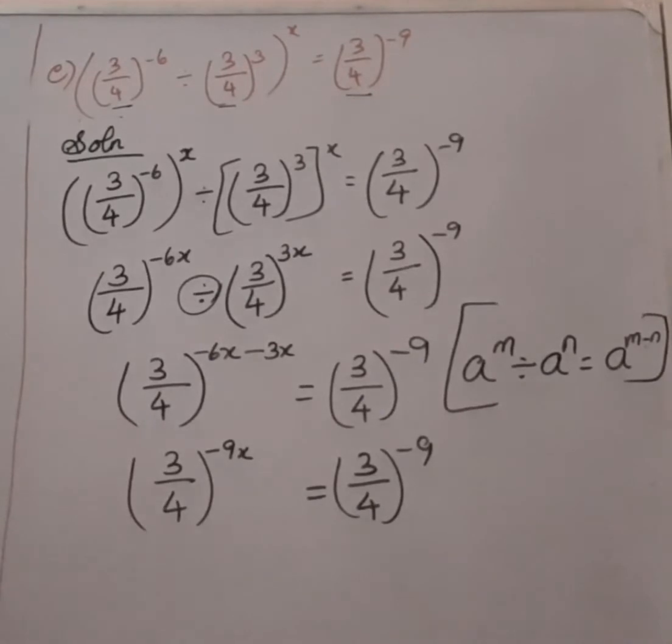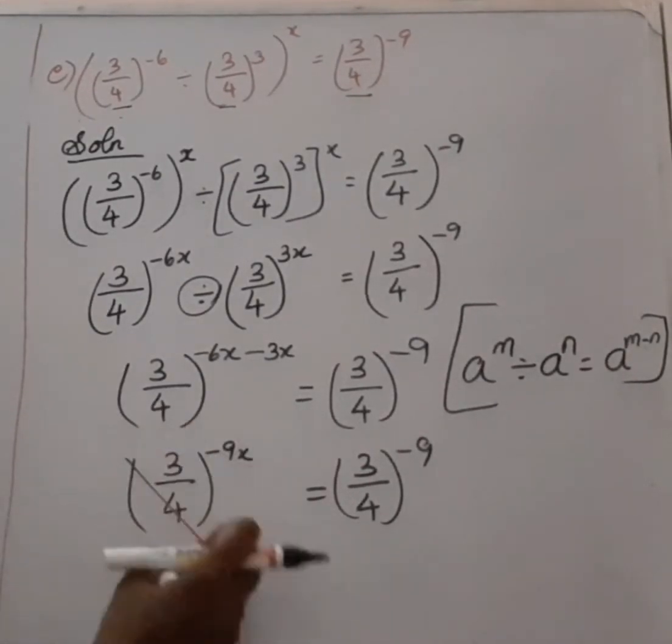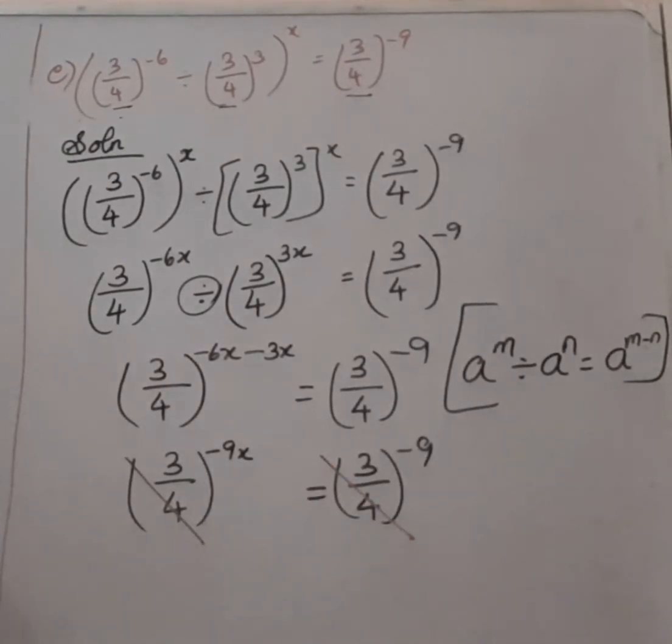Now both the bases are the same. So what do we want to do here? Both the bases are the same means, very good, we want to cancel that base. After that what do we get? Minus 9x is equal to minus 9.